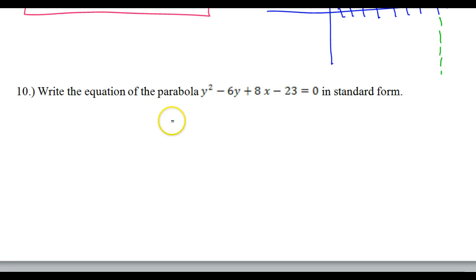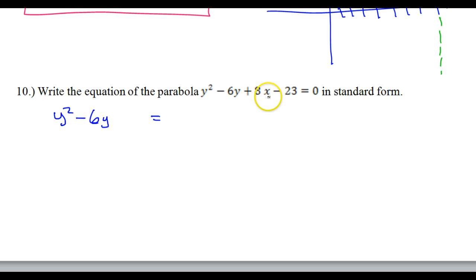All right, last problem. Write the equation of the parabola in standard form. So we need to complete the square with the one that's squared here. What I have here, I'm just rewriting: y squared minus 6y. I'm going to leave a space.